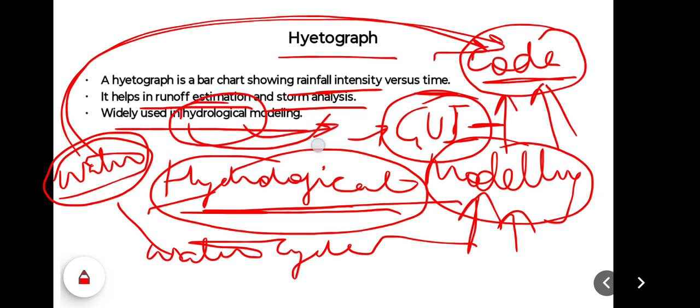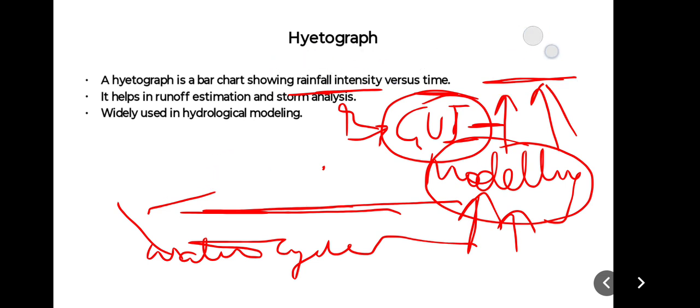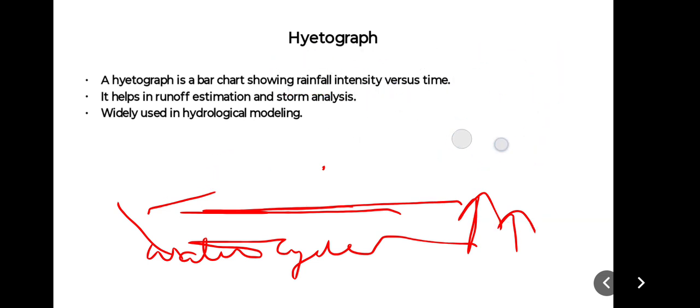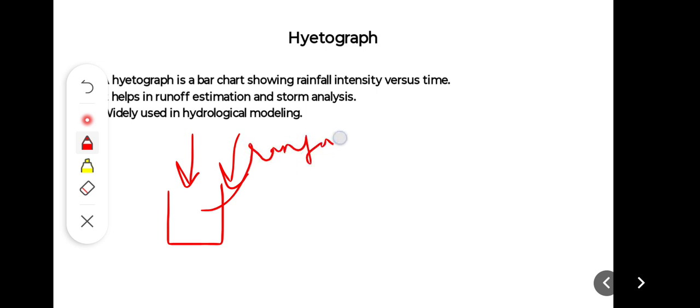For hydrological modeling, you need rainfall: how much rainfall takes place at a particular point, and how it goes to the river. Runoff is very important, where we have data to validate our model. We can measure rainfall, and this data is collected by IMD.